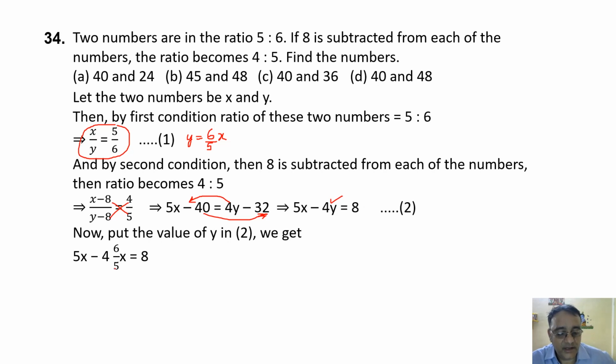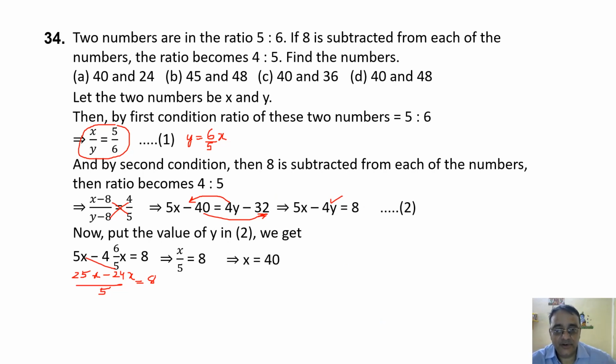Now take the LCM. If you take LCM, you will get 25. Look, I am doing it here. 25x minus 24x divided by 5 is equal to 8. So we will get x upon 5 is equal to 8 only. So what is the value of x? 40. Right.